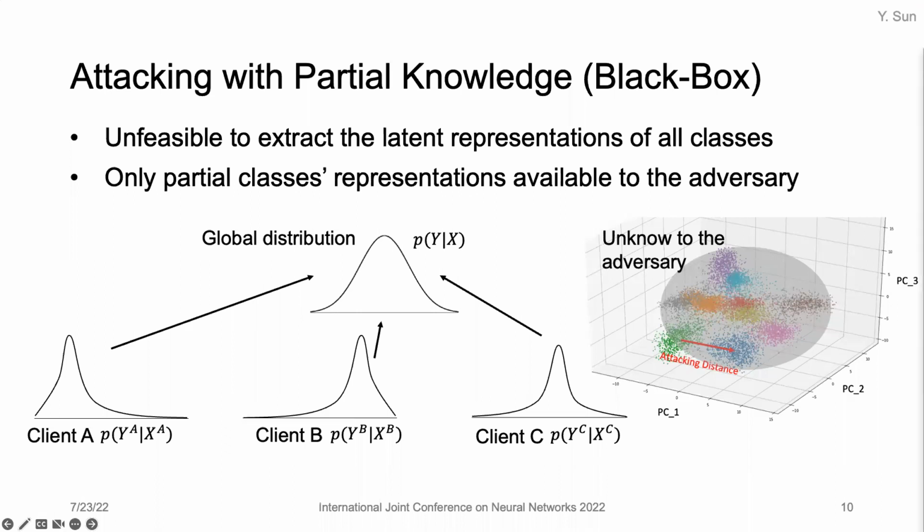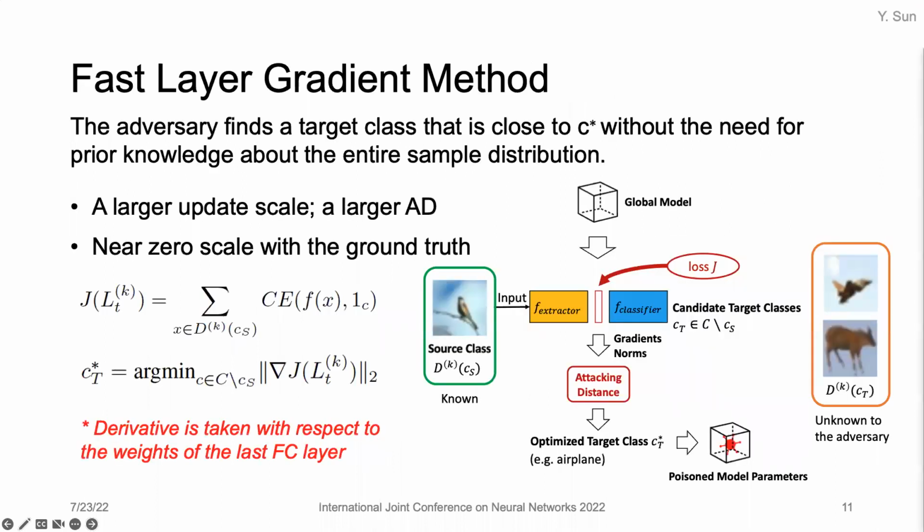In other words, it's unfeasible to extract the latent feature representations of all the classes and measure the attacking distance, since only partial class representations are available to the adversary. To solve this problem of partial knowledge about client data distributions, we propose the fast layer gradient method that employs the update scale to estimate the distance between the source class and the assigned class.